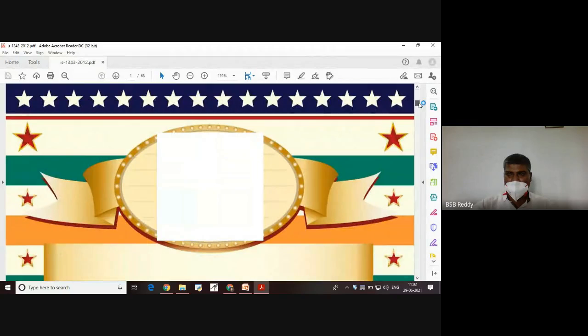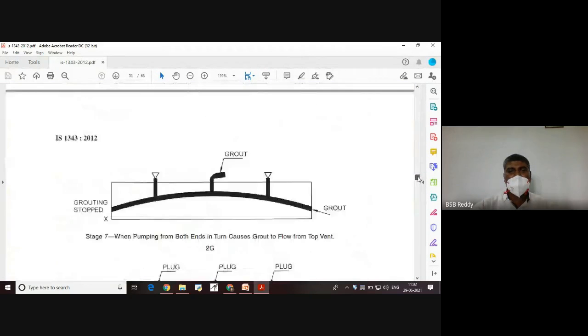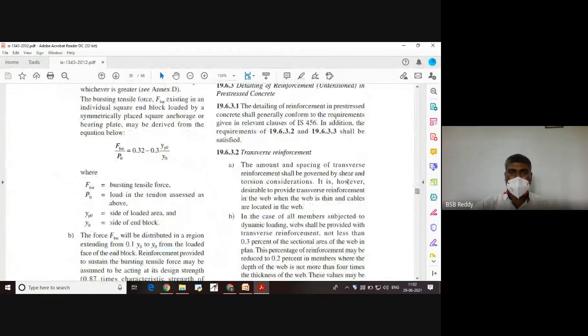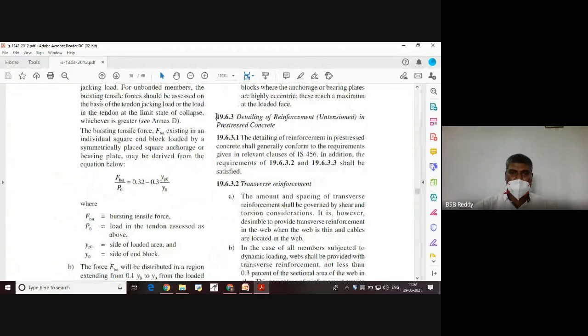So let us go to clause 19. 19.6.3 talks about untensioned steel, detailing of reinforcement in prestressed concrete. Reinforcement here, we must be careful, means untensioned steel.